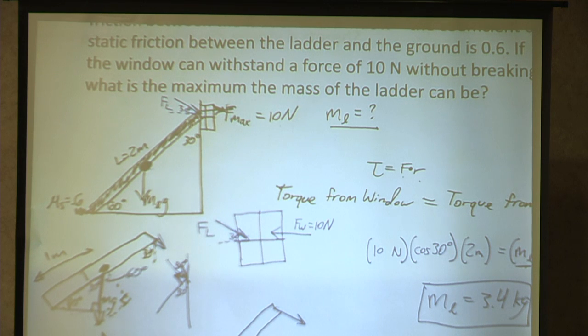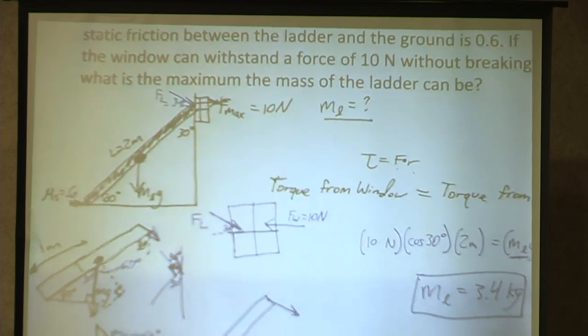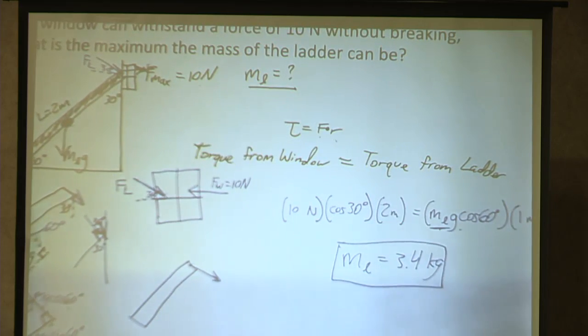Can you explain again how you got 1 meter? Yeah. So the torque from the ladder is based on the weight of the ladder. That's really the only thing that's impacting it. So we assume in Physics 1 that the weight of something occurs at its center of mass, its center point. And for this ladder, that's going to be at the middle of the ladder because it's a uniform ladder.